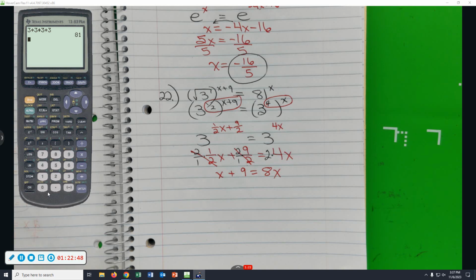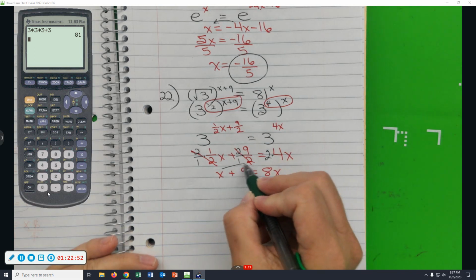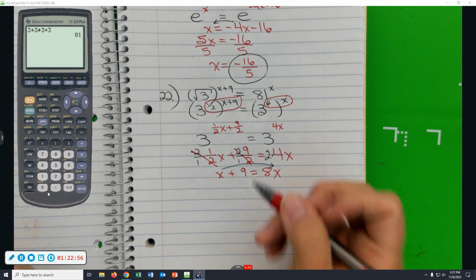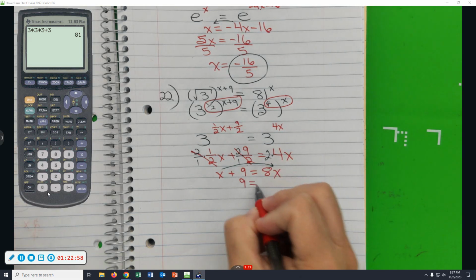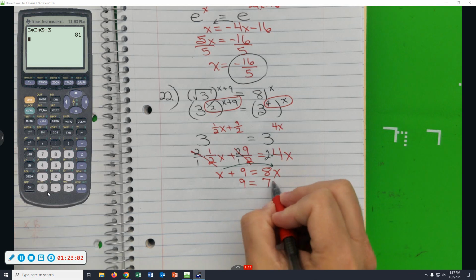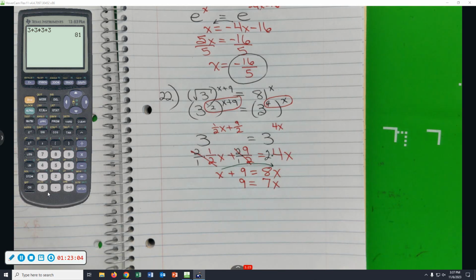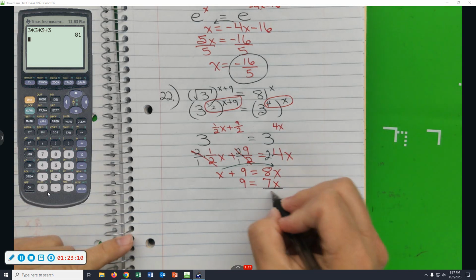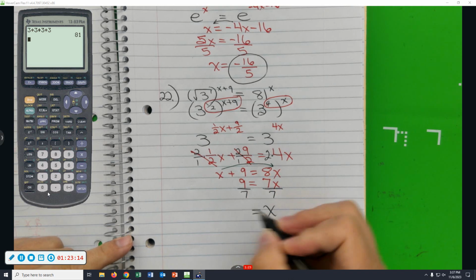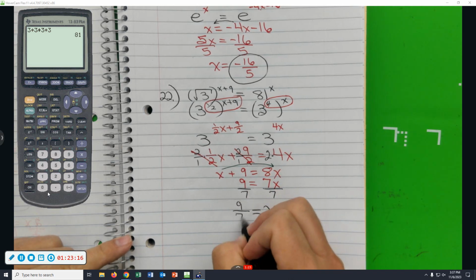To get the fewest negatives, I'd pick up this x, move it over here and subtract to give me 9 equals 8x minus 1x, which gives me 7x. And then what do we have to do? Divide by 7 to give me 9 over 7.